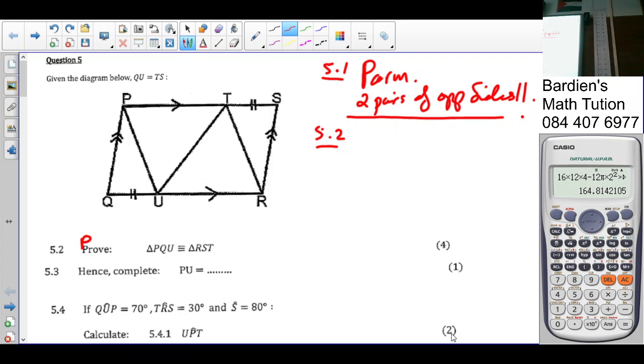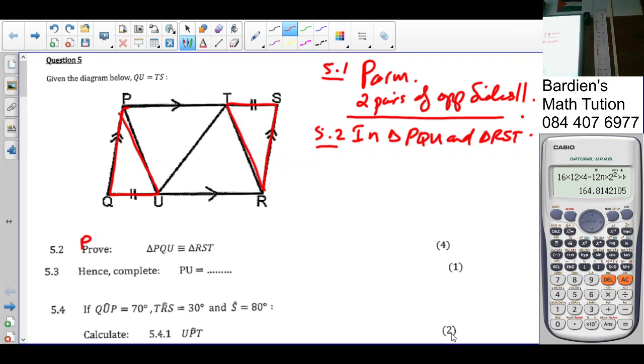So prove that triangle PQU is congruent with triangle RST. When we prove similarity or congruence, we start with the same. We say in triangle PQU and triangle RST.